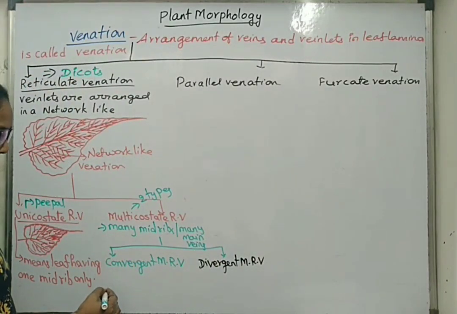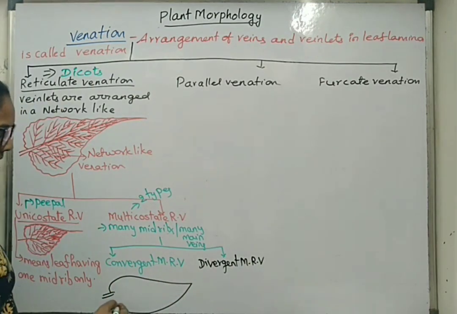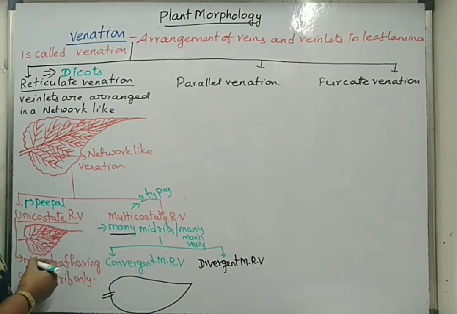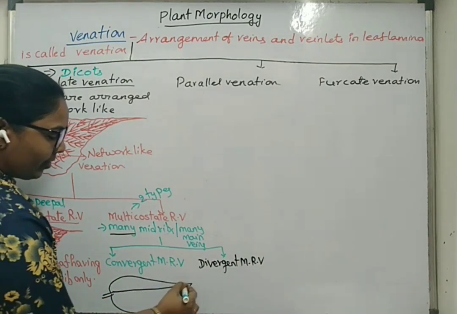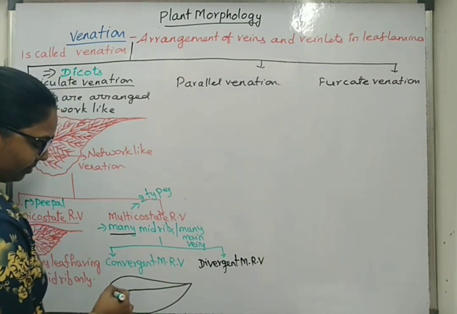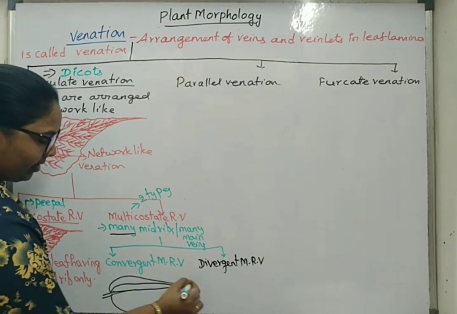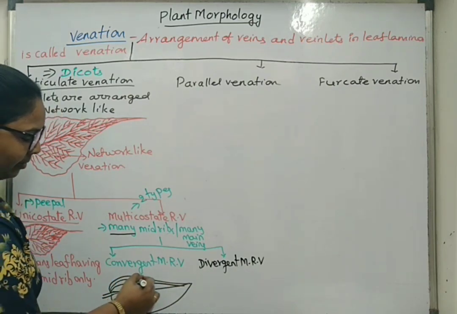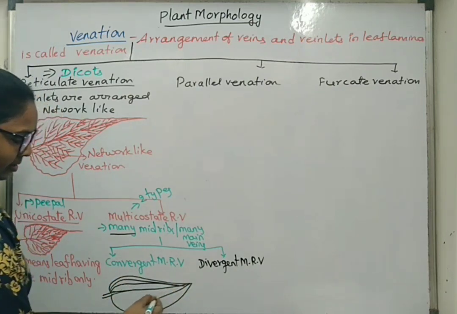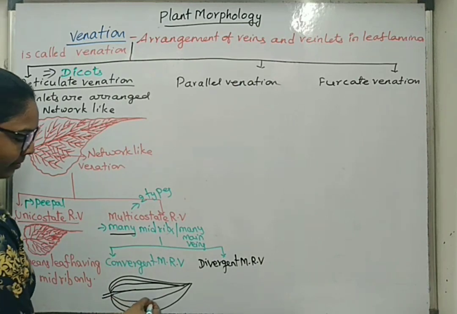Under this, if we go for diagrammatic representation, we can see this convergent type in Ziziphus and Smilax. So we said that there are many midribs. If we go for diagrammatic explanation, so one midrib, again other midrib, other midrib. So other one like this.